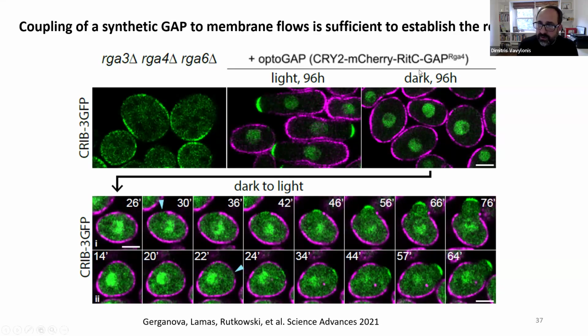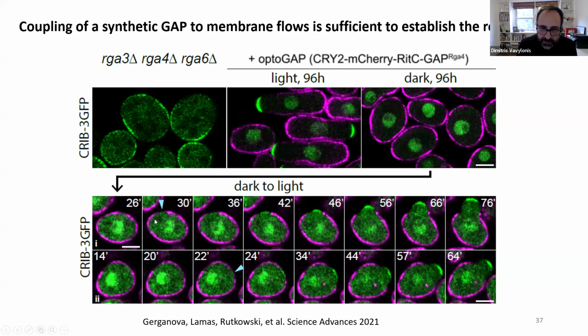So when the cells are grown in the dark, the optogap is in the middle of the cell, and then the cells remain round. When they are grown in light, they are tubular in shape, because it accumulates on the membrane, gets displaced by the flow, and creates this deep growth pattern of fission yeast cells.